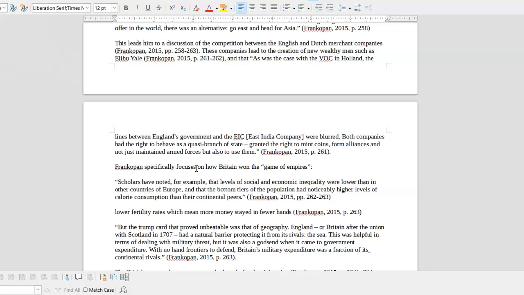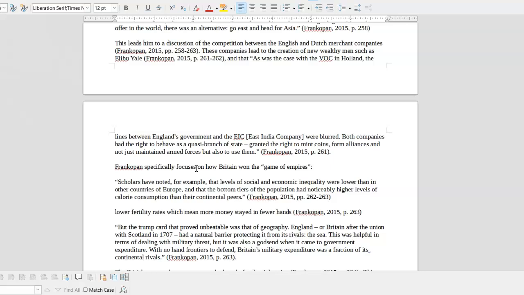In this particular quote: as was the case with the VOC in Holland, the lines between England's government and the EIC, East India Company, were blurred. Both companies had the right to behave as a quasi-branch of state. They were granted the right to mint coins, form alliances, and they not just maintained armed forces, but also used them. So they basically had their own little armies in India and everywhere else they went.